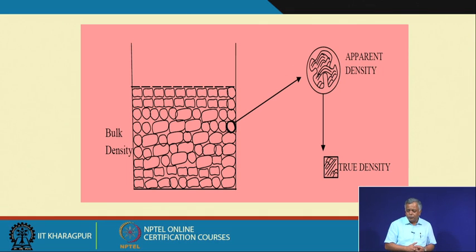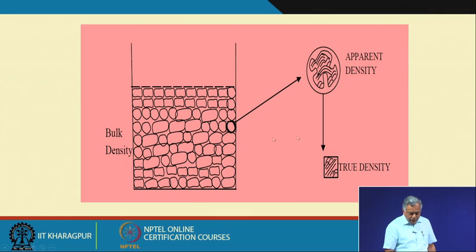This is what I want to show you through an image, when the material is stacked like this or poured like this. Whatever the weight and volume relationship here is, that will give you the bulk density.